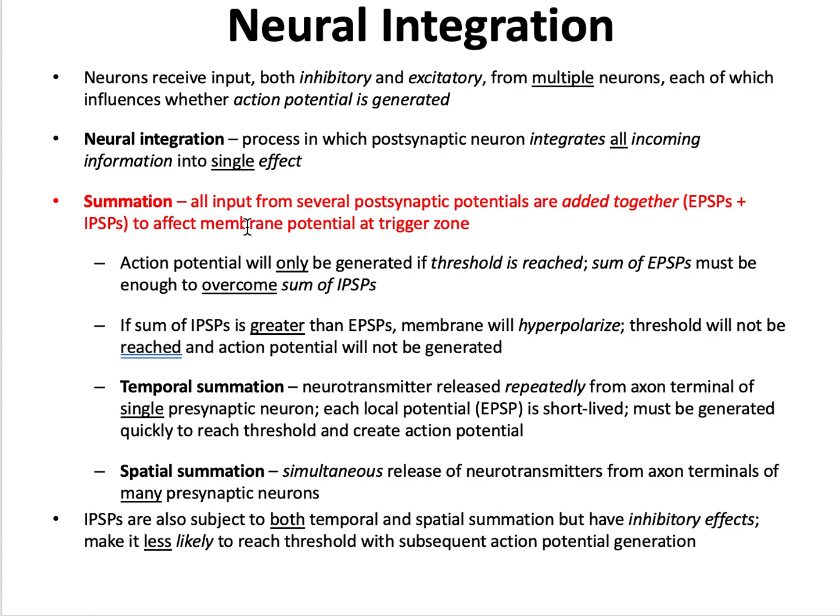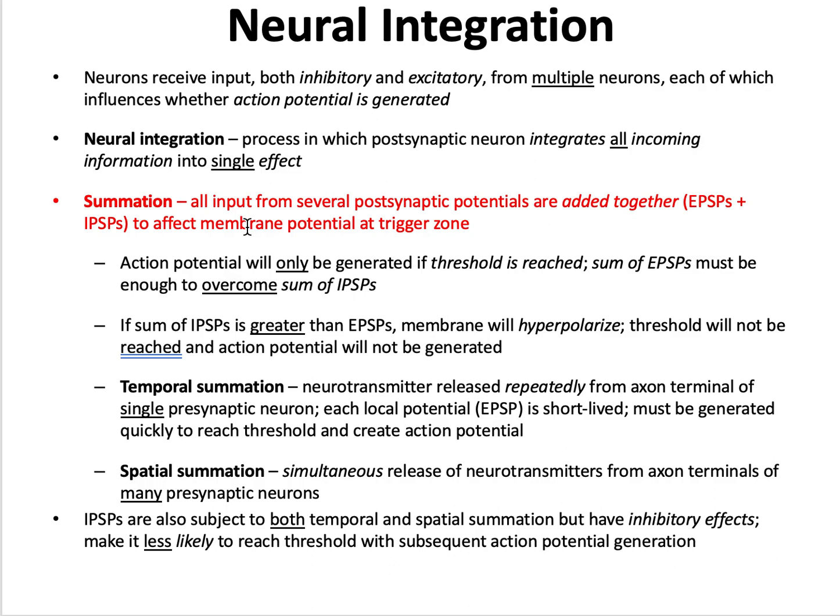And that's called neuronal integration, whenever we have lots of synapses from lots of different areas around the CNS converging on one postsynaptic membrane, postsynaptic cell. But it will decide what to do based off of summation, right? So it's going to add up all of that information, both excitatory and inhibitory, and then what wins out?